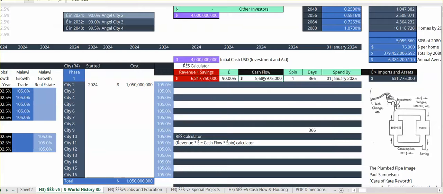That is 5.6 billion that is left in the network after this money has been spent and can be retrieved in this version on the 1st January the next year. Therefore, the 5.6 billion in the network automatically comes back to the network.